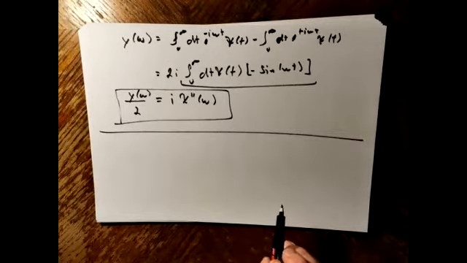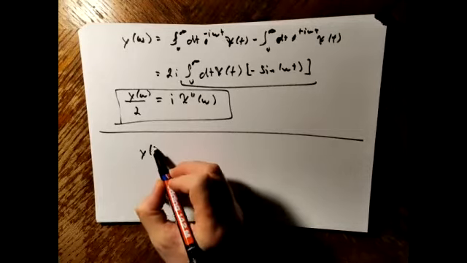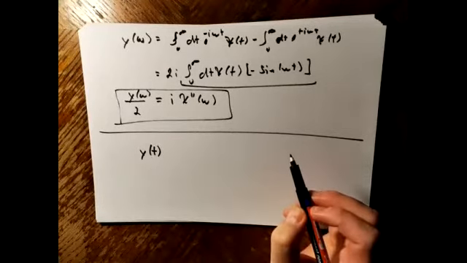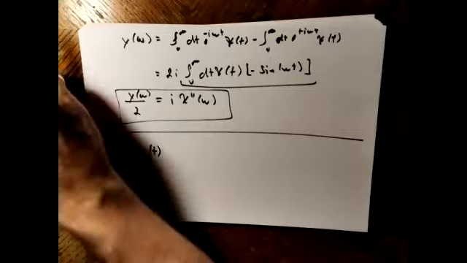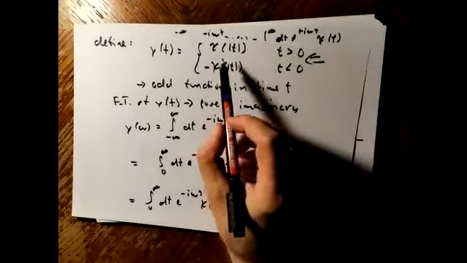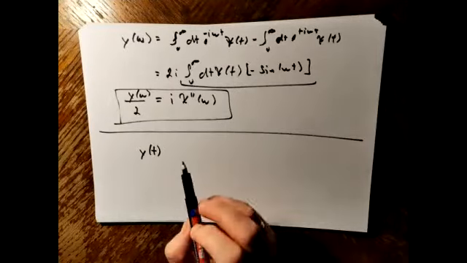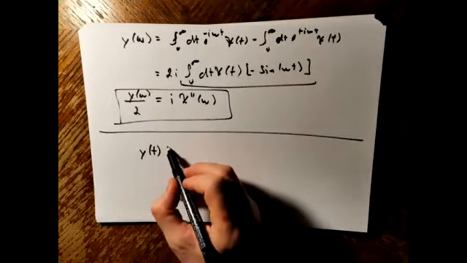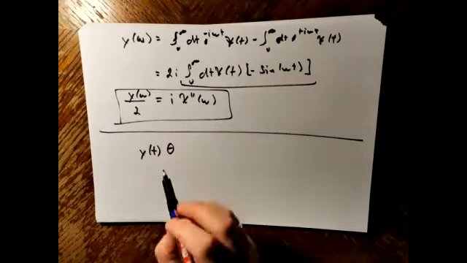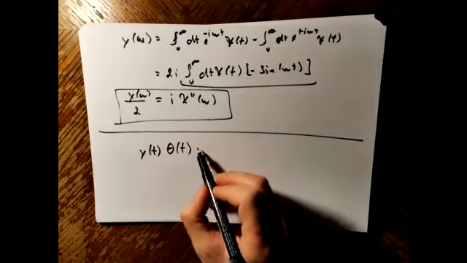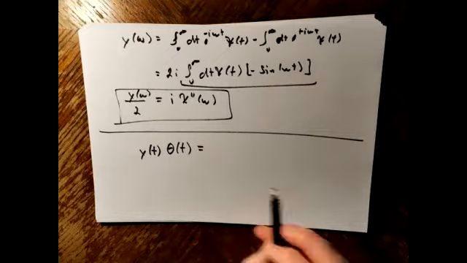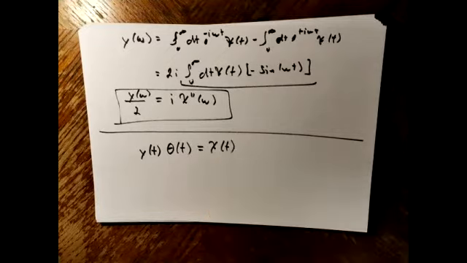Okay, so we said that y of t, we have a certain definition for y of t. Okay, so it's here. But we can also say the following, that y of t, theta of t is equal to chi of t. What do I mean by all this?